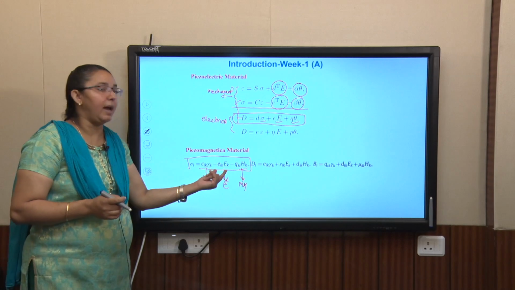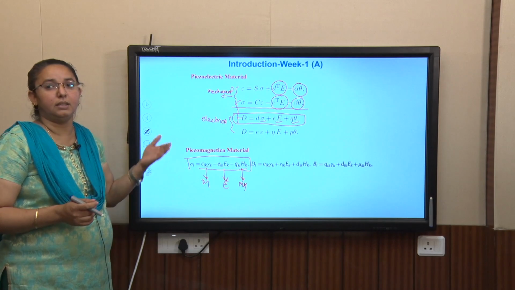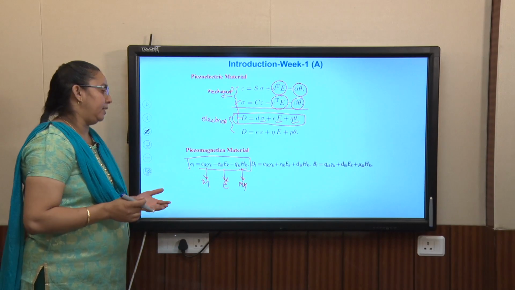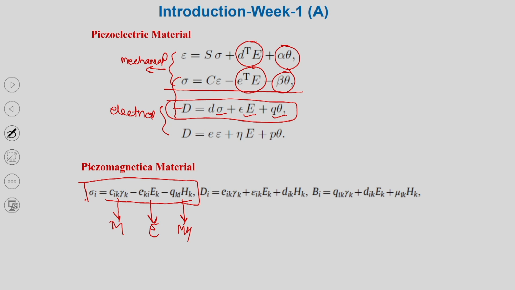If this relation is valid, definitely we can do the stress analysis or vibration analysis or any transient analysis. Similarly, now you have added a magnetic part. So, this is due to the electrical component and this is due to the magnetic equation.